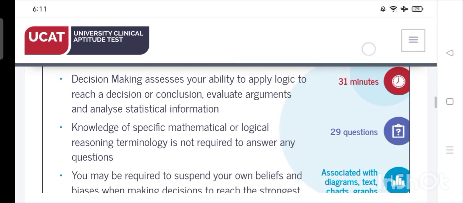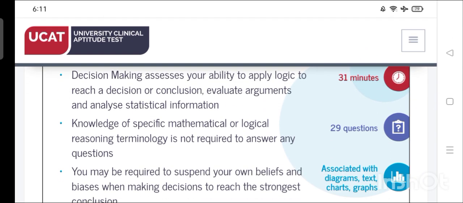Okay, if we talk about the time that will be given to you for this portion, it will be 30 minutes only for 29 questions. Yes, 29 questions will be included in this section, and you have to solve these 29 questions in 31 minutes.